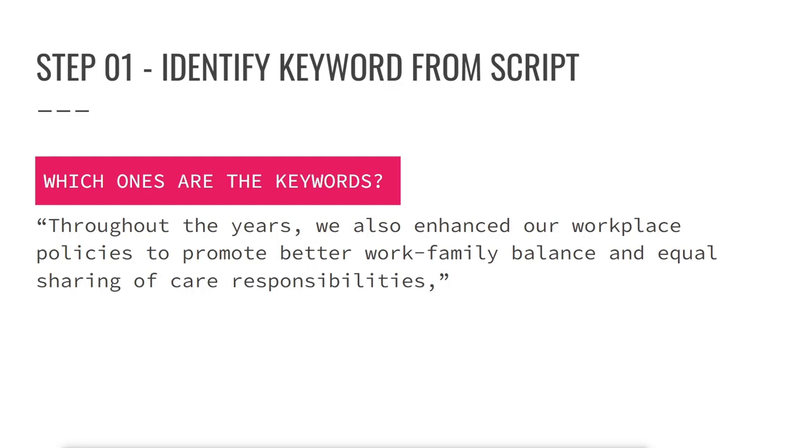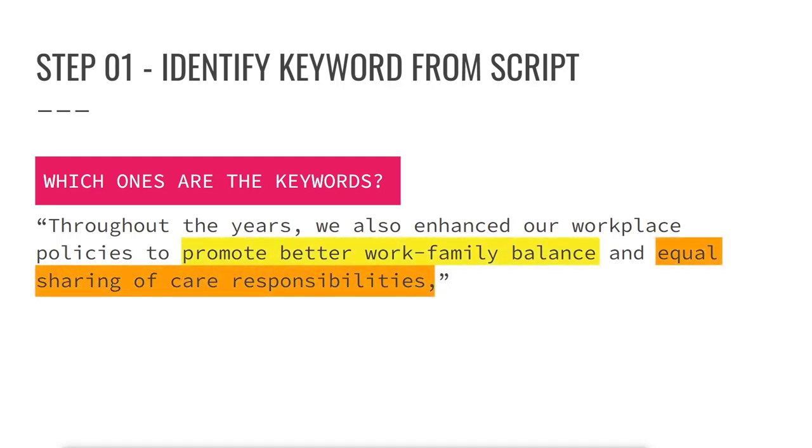So which ones are the keywords? The answer is, you can see, promote better work-family balance, and the second one is equal sharing of care responsibilities. Then after we gain the keywords from the passage, we can generate an idea or find a suitable icon for it.